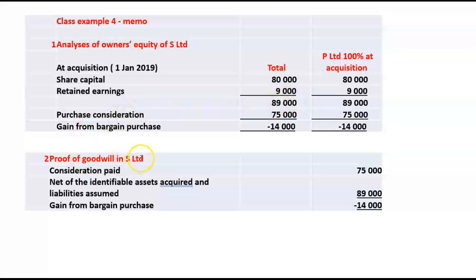If I want to prove the goodwill, now goodwill here is actually in inverted commas because it's not goodwill. This is a gain on the bargain purchase. Consideration paid 75,000, net asset value of the identifiable assets acquired and the liabilities assumed is 89,000 at that point in time, so there's a gain from the bargain purchase of 14,000 Rand.